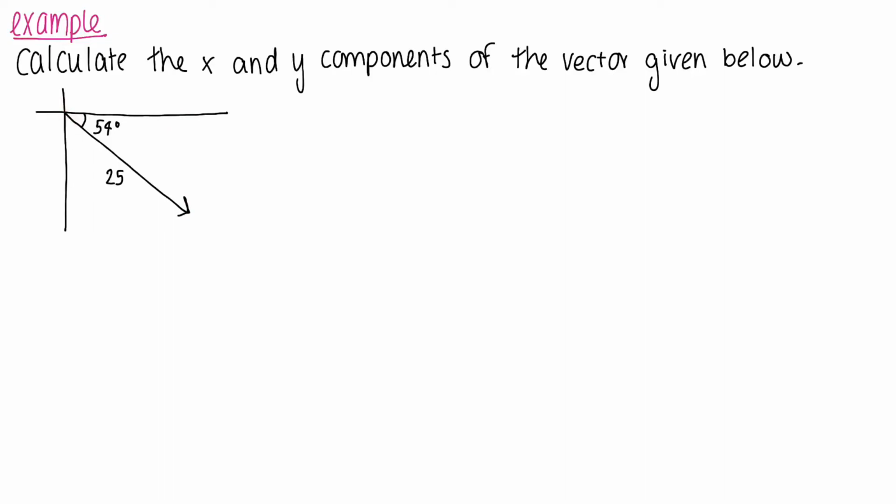But it goes down, which means its vertical component should be negative. And then its horizontal component should be positive because it goes right. This is really important because when you do your trigonometry here, you're not always going to end up with the right signs, so it's important to do this.